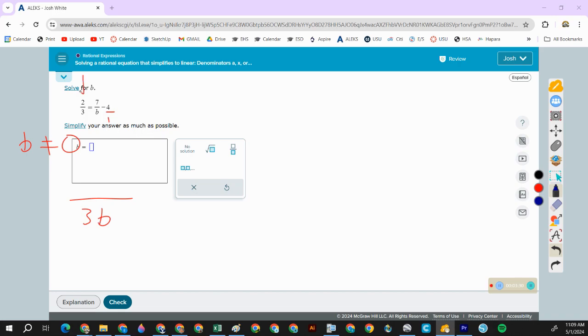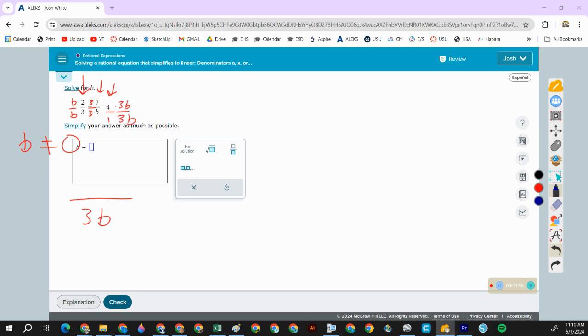So what does this fraction need in order to get to the common denominator? A b over b. So b over b. What does this fraction need? A 3. So 3 over 3. And what does this fraction need? A b and a 3. So times 3b over 3b.